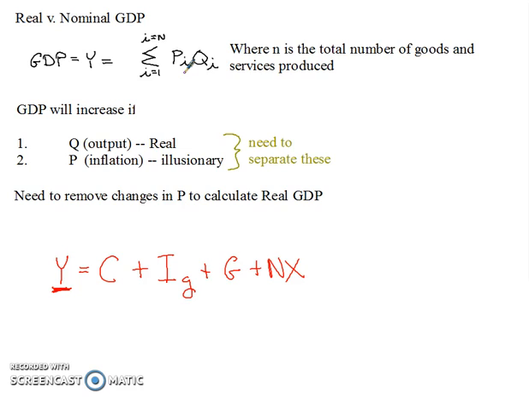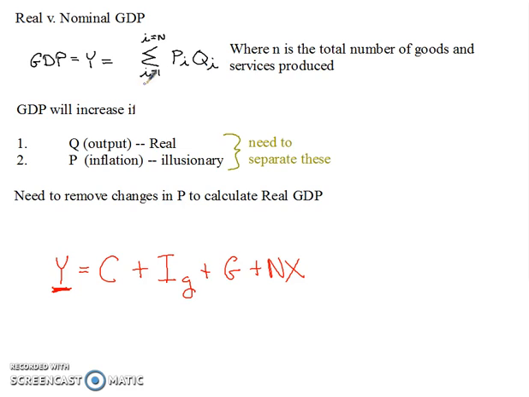When we said market value, we said the market value is set by the price. So we took the price of the good multiplied by the amount of the good that was produced, and that gave us the market value of that good. And then we had to do that for every good or service and then add them up.